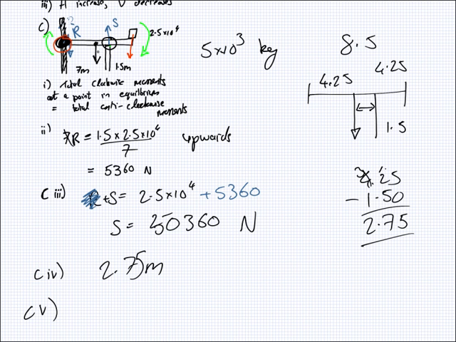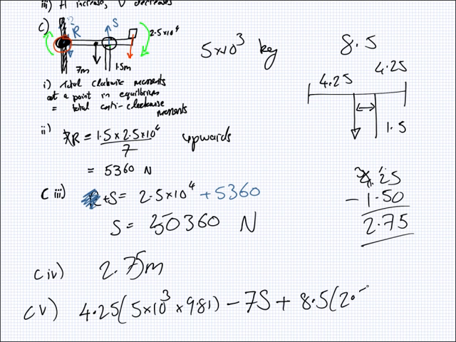So this one is clockwise: 4.25 times 5 times 10 to the 3 times 9.81. The S, how far away is the S? 7, but it's anti-clockwise, so minus 7S, and then the last one is plus 8.5 times 2.5 times 10 to the 4. That should equal 0.